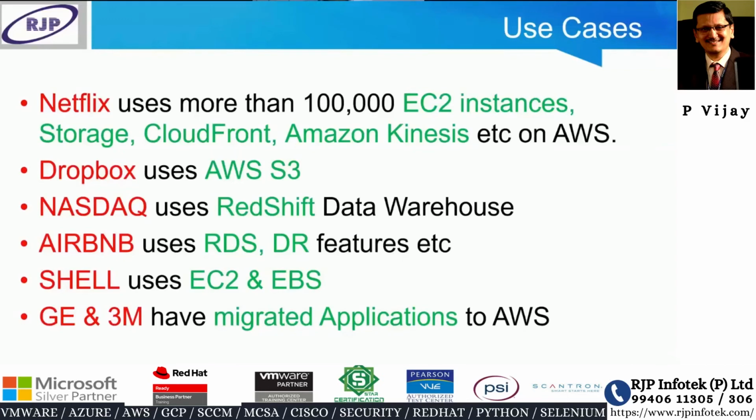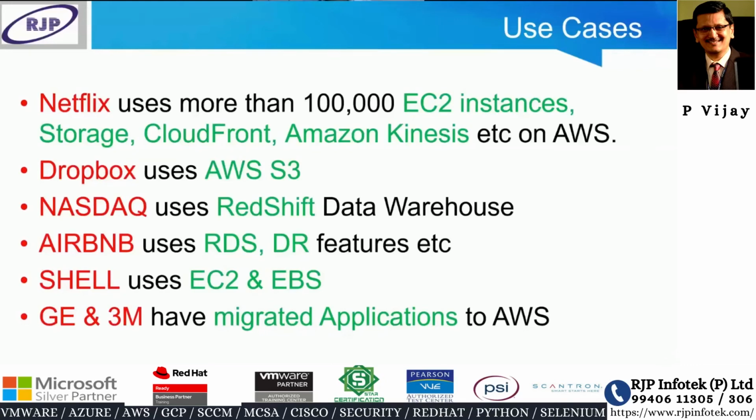NASDAQ, to store its humongous data, makes use of the AWS warehouse, Redshift. Airbnb, the travel company, which is number one in that space, uses AWS. Shell Petroleum uses AWS, and for some of their verticals, some of their divisions, they have migrated to AWS.